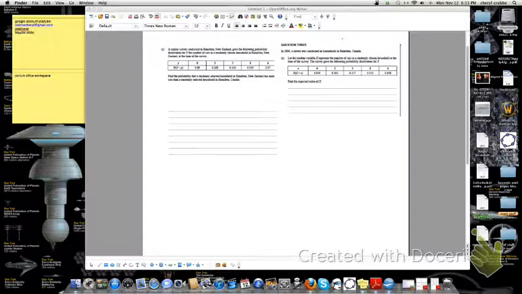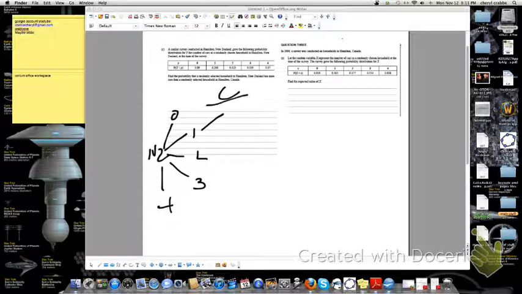I suppose the other way of looking at this is you could draw some sort of tree diagram. If you were to go, this is New Zealand, and this is the number of cars, 0, 1, 2, 3, 4. Now, really, we don't need the 0, so we can leave that out. And then if we work our way across the branches, this would represent Canadian cars, okay?